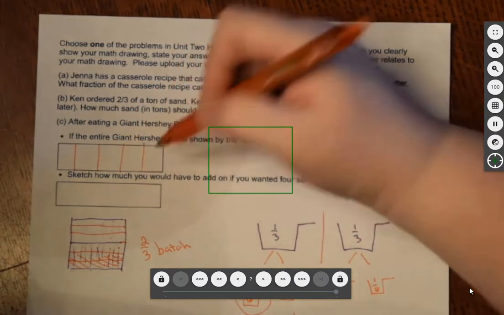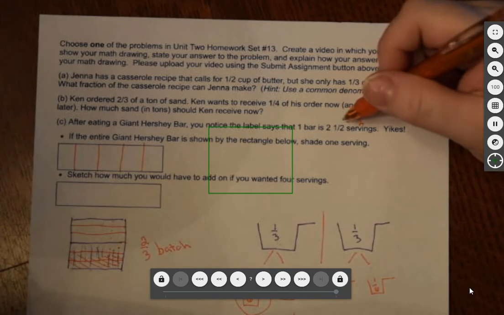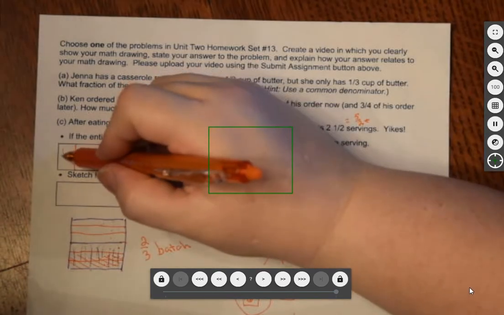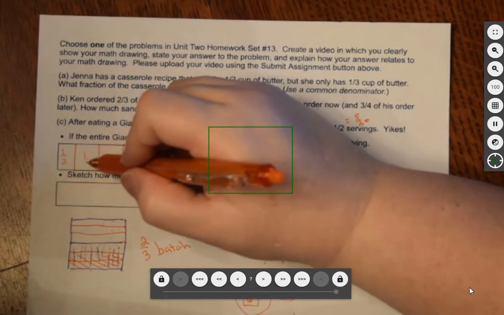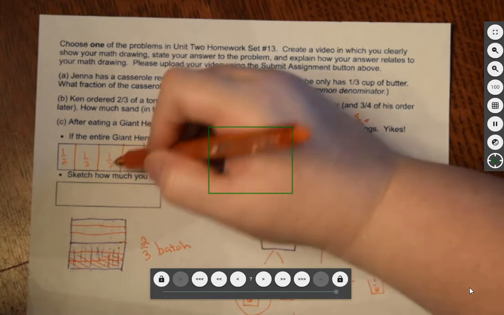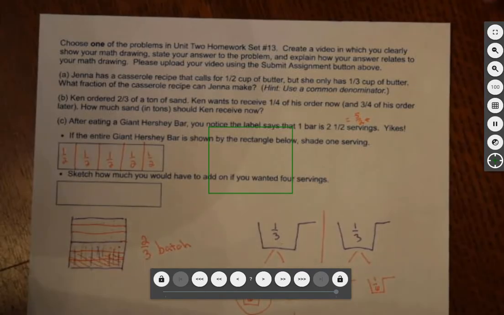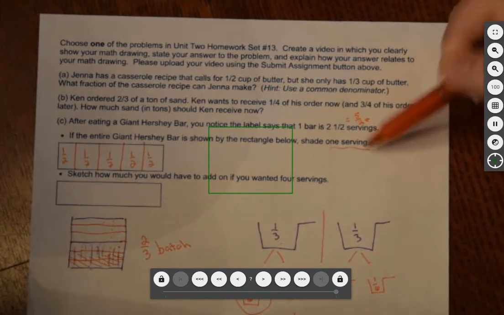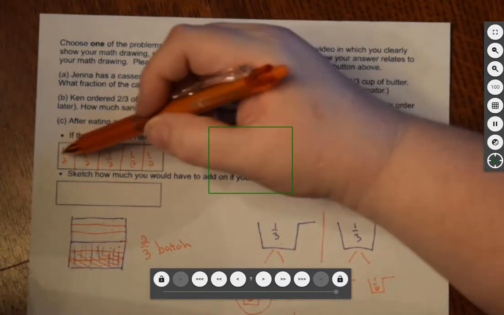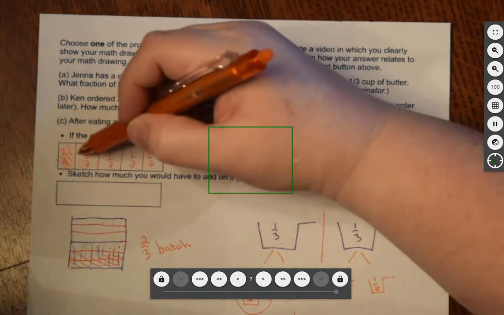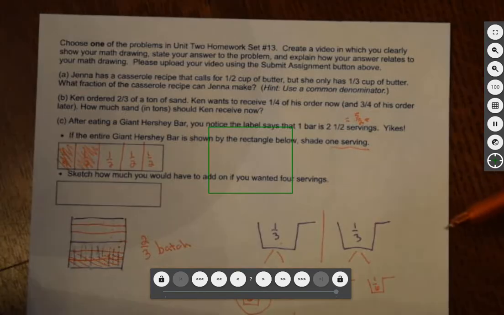So there's the 5, pretend they're equal pieces, and each piece would be a serving a half a size. So this would be 1/2 a serving, 1/2 a serving, and so forth. So 1 serving, right here, the 1 serving would be 2 of these, and so we'd have to shade in 2 of these. So that would be 1 serving.